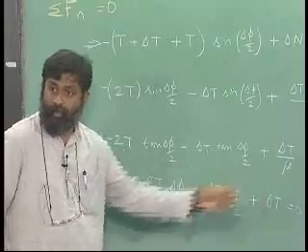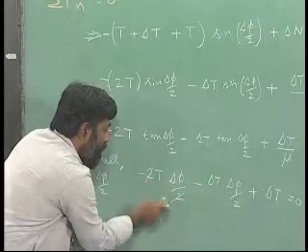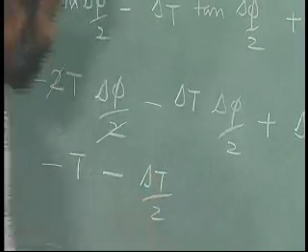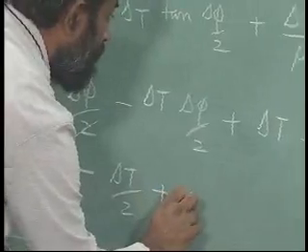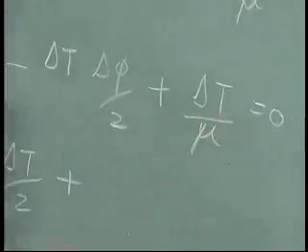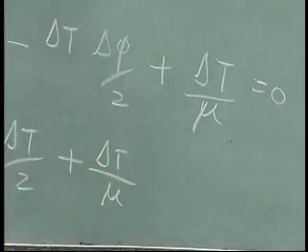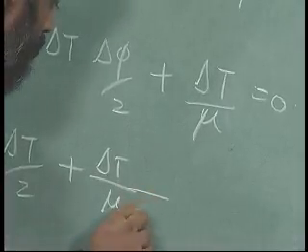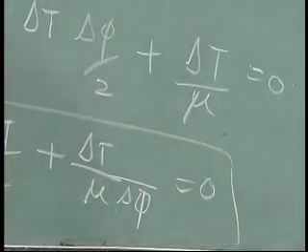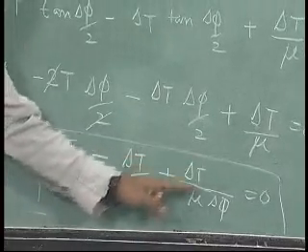Let us divide throughout by delta phi now to get minus T minus delta T by 2 plus delta T by mu times delta phi, equal to 0. We missed a mu here.